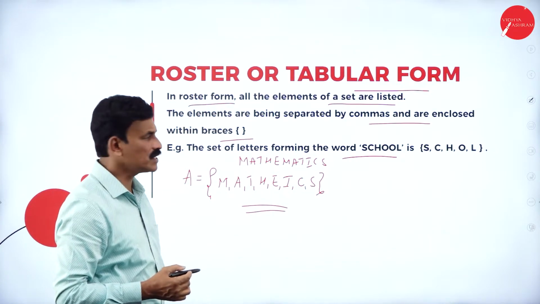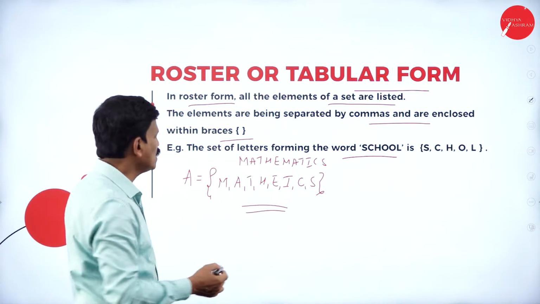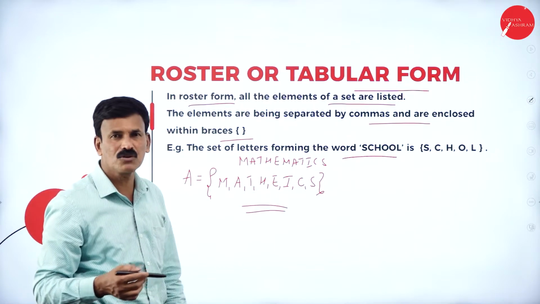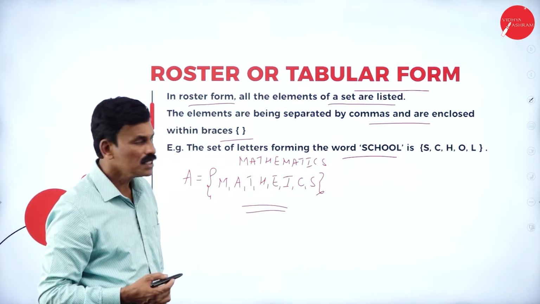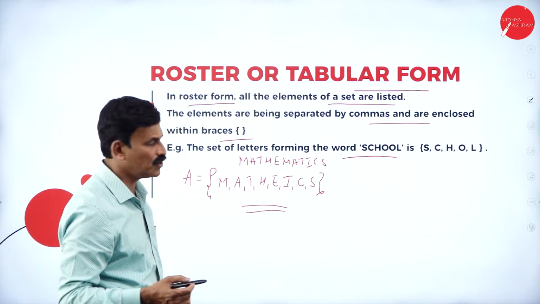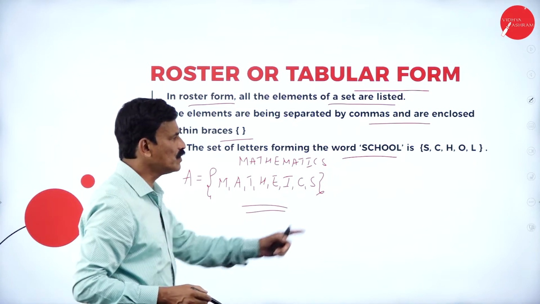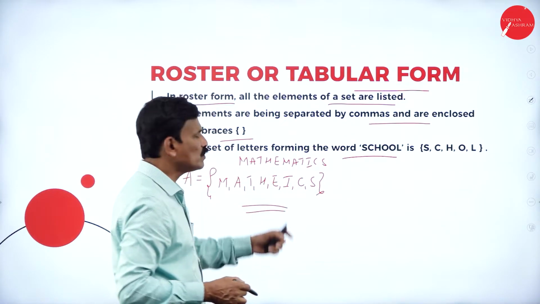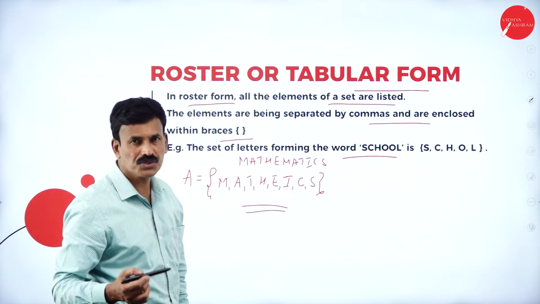The elements of the set are just listed, separated by commas and enclosed between two flower brackets. So the set of letters forming the word school or the word mathematics is an example of a set in roster form.